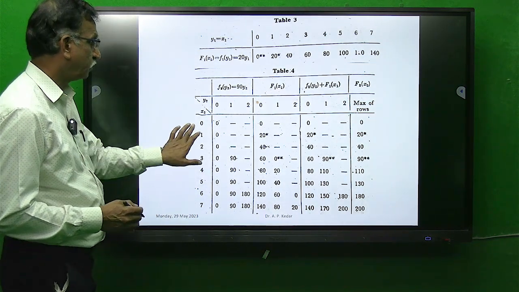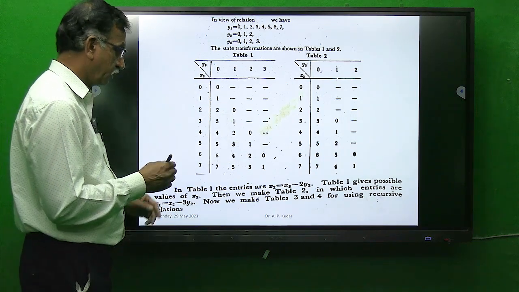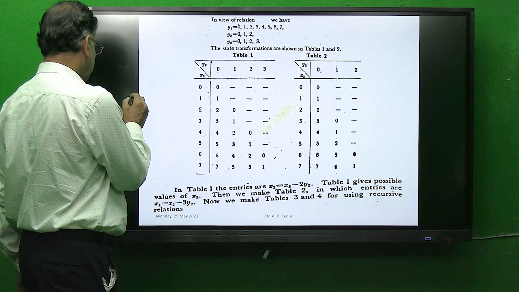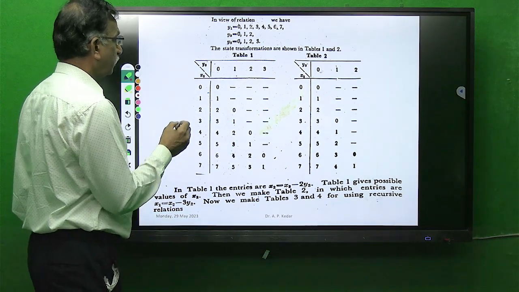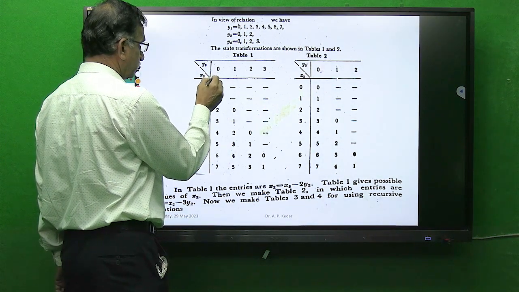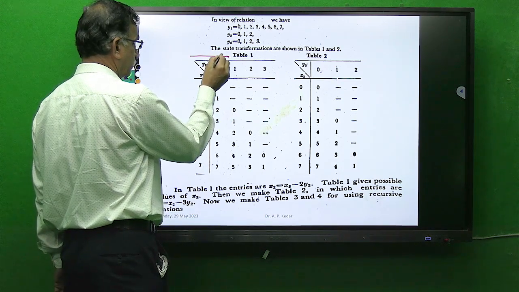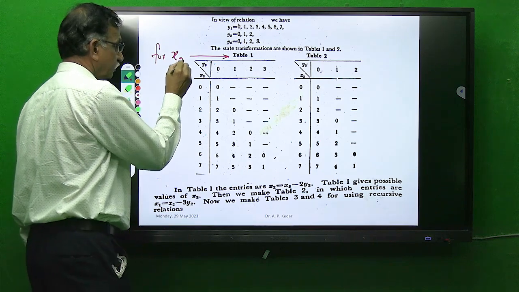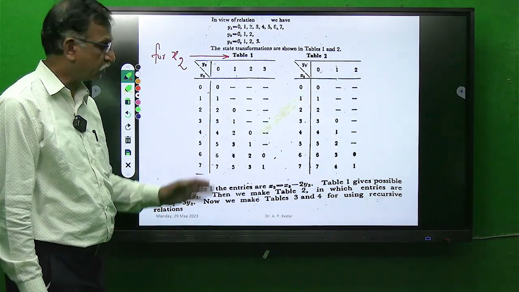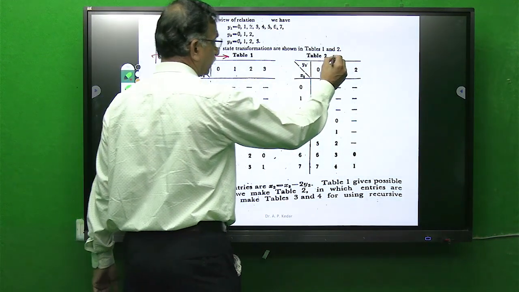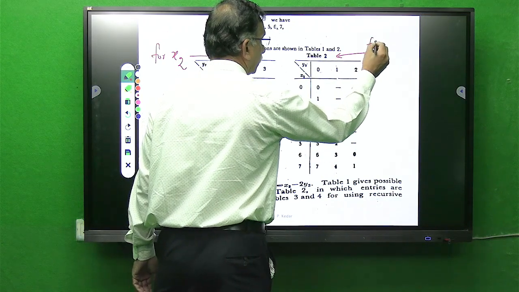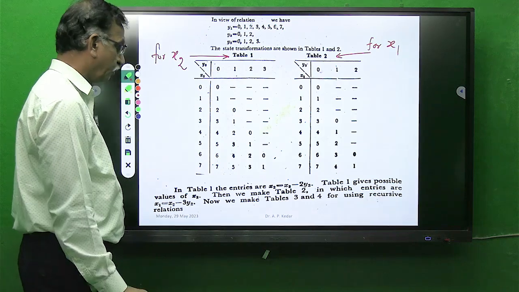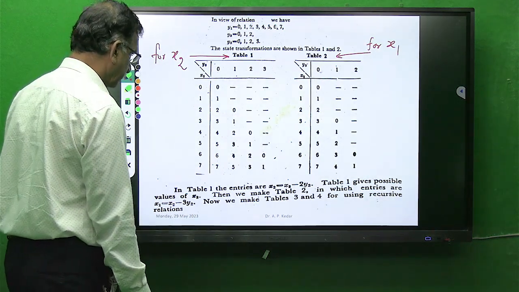These things we discussed in our last lecture are important for this table. This table is for x2, which we have already seen in the last lecture, I am just reminding, and this particular table is for x1.